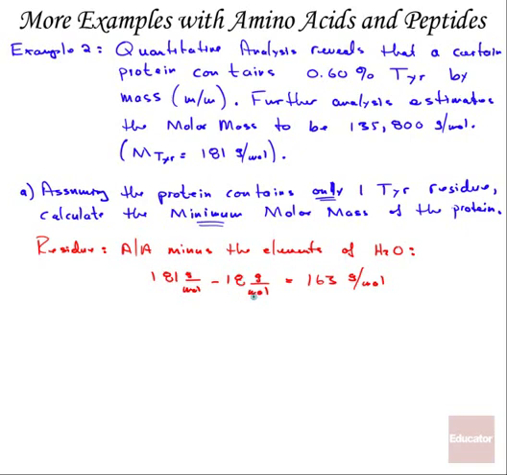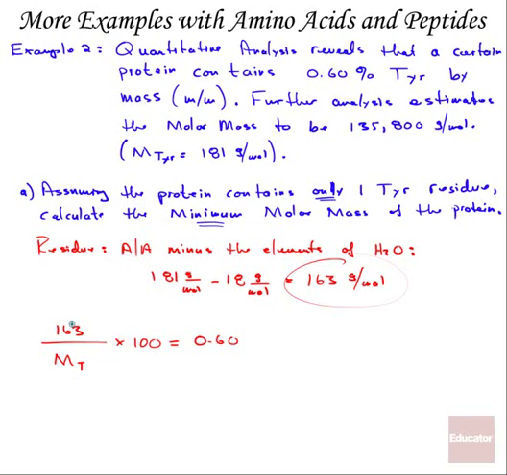So it's missing 18 grams per mole. So in this case, 163 grams per mole is the mass of the residue. Well, we take the 163 grams per mole divided by the total protein mass times 100, and they already told us that this is equal to 0.60 because it's 0.60% by mass tyrosine.